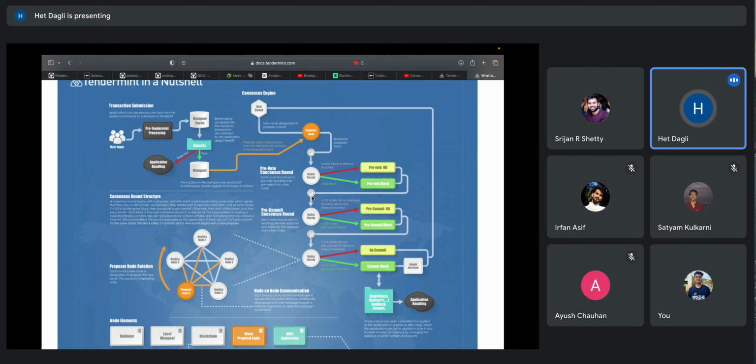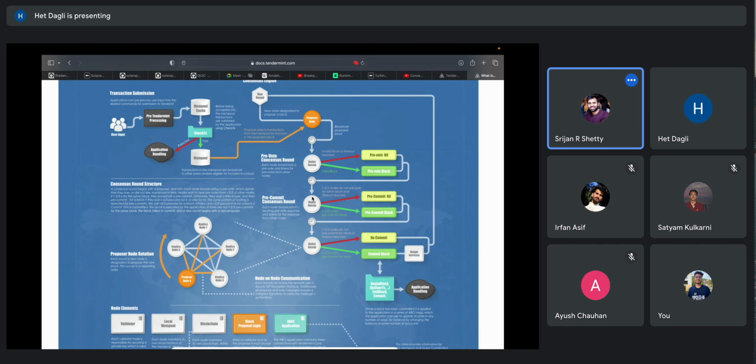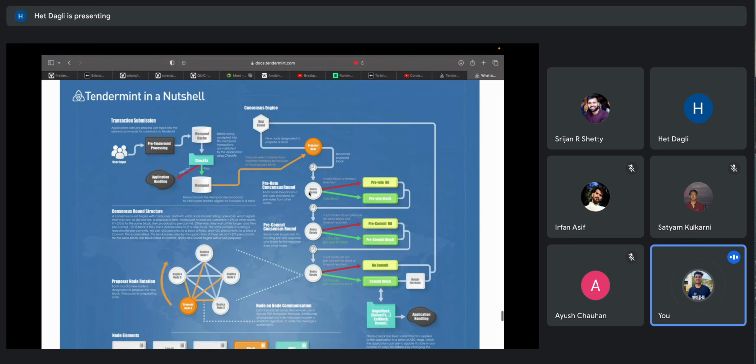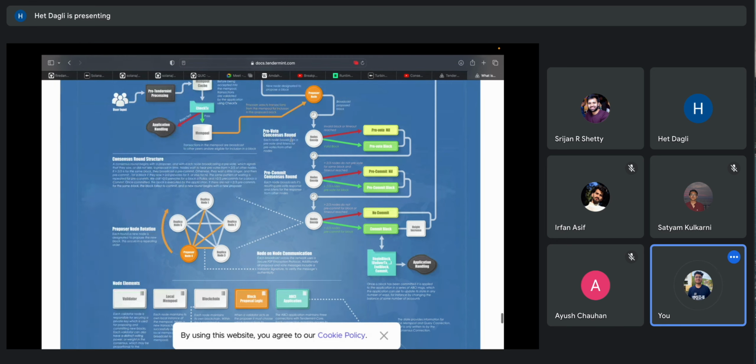I'm not sure, to be honest. Yeah, I'm also not sure. No, look at the proposer node rotation part, right? They mention a new node is designated to propose the new block. What does that mean? The question is when. Like Solana, pretty early. Right, yeah. They don't have that prediction.